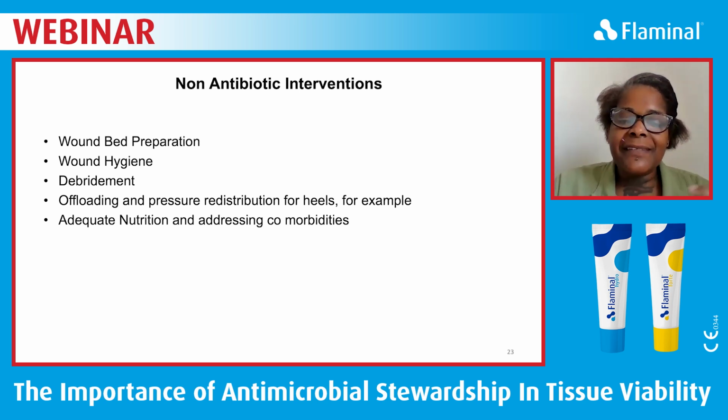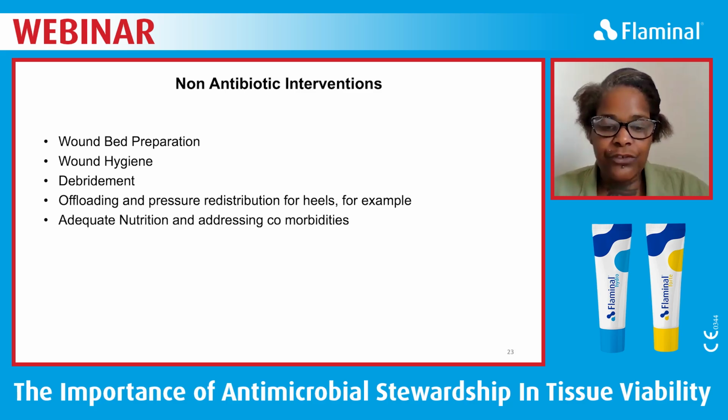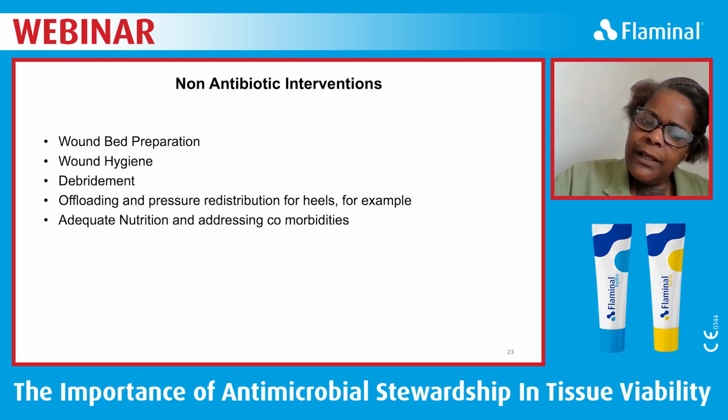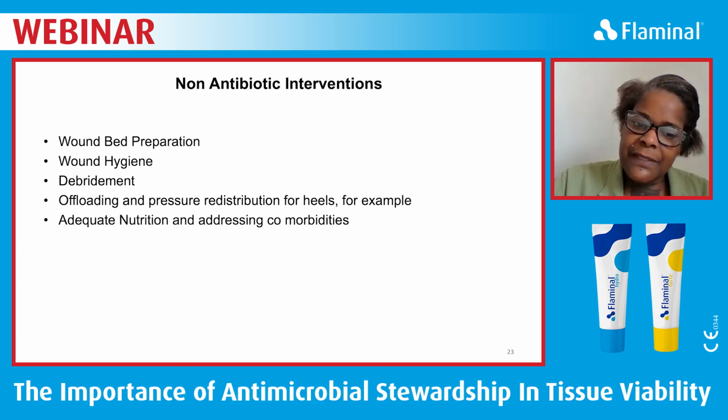Are we using the right debridement products? Are we using the right offloading and pressure redistribution, for example in heels, in order to encourage wound healing? One important aspect that we also need to look at is adequate nutrition.